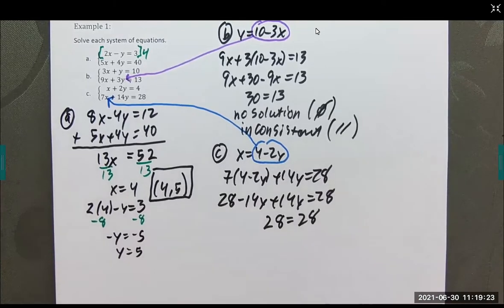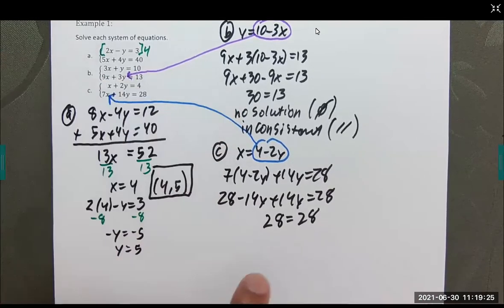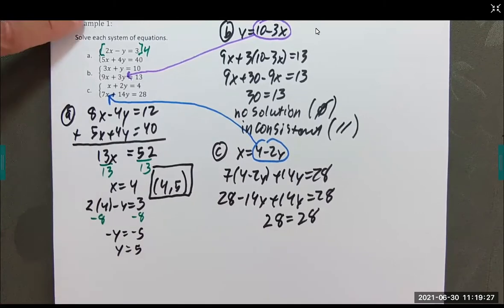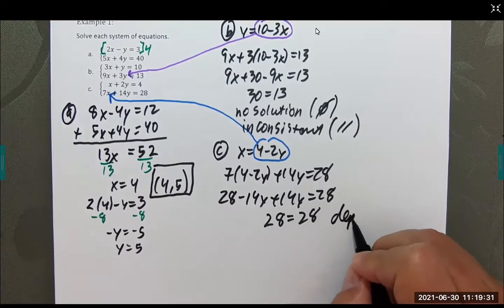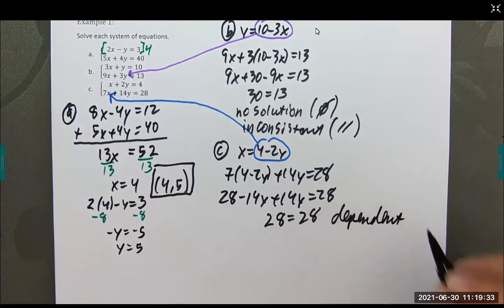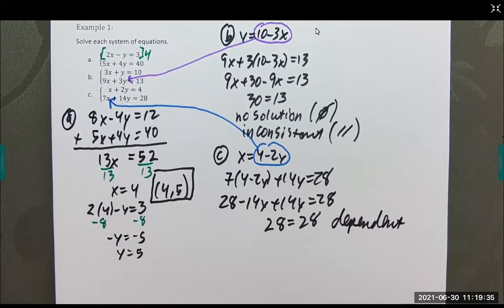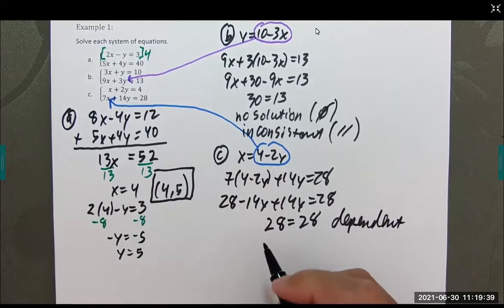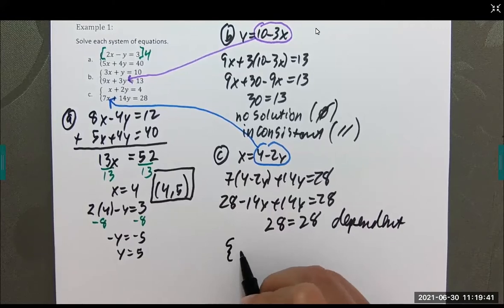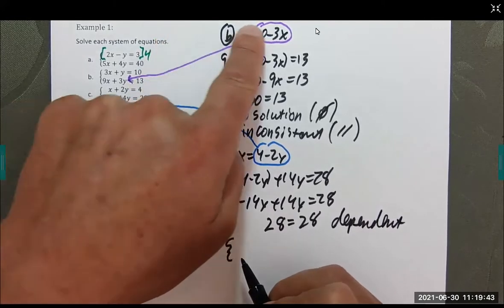But the difference is this was a false statement. This is a true statement. This is our third scenario here where they are dependent. And the way we're going to write our answer is I'm actually going to take this equation and make that the way to write my answer. And you can see they've given us sort of a guide how to do that.